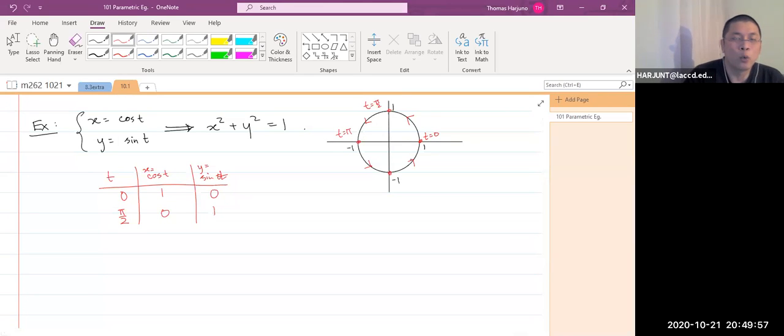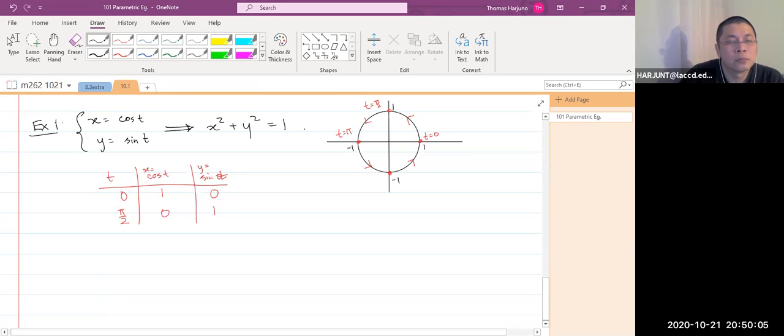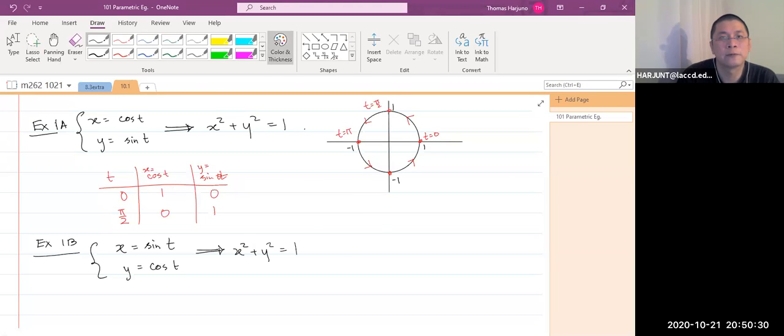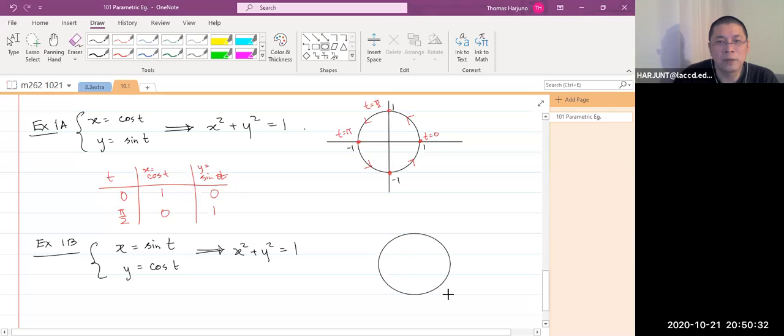Now, we may have the same graph using different parameterization. Suppose I change that into x equals sine t, y equals cosine t. See, you still get the same graph, right? When you sketch the graph of this parametric equation, you will still have the same graph, but the difference is that at different times, it may be at a different point.